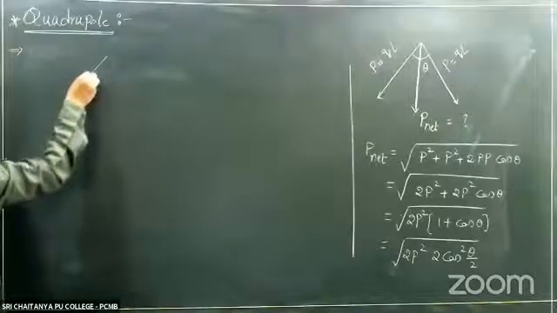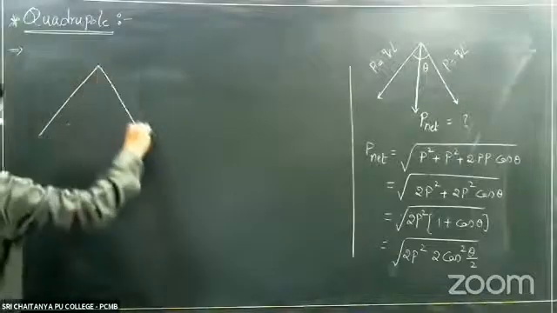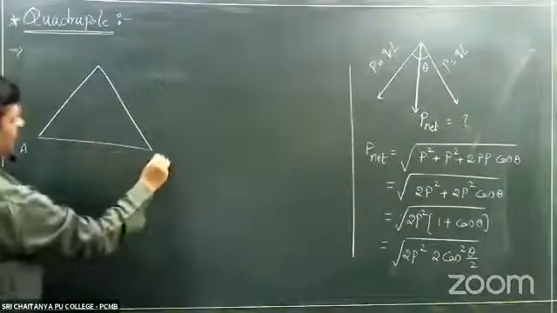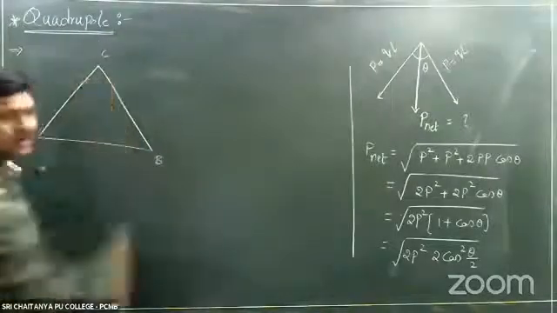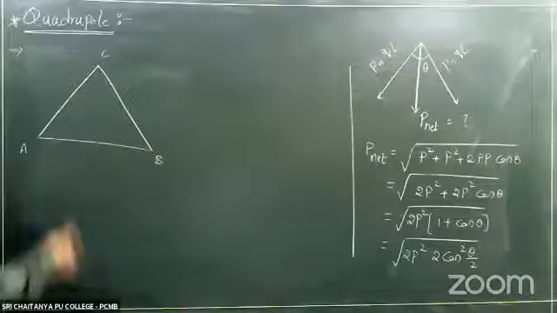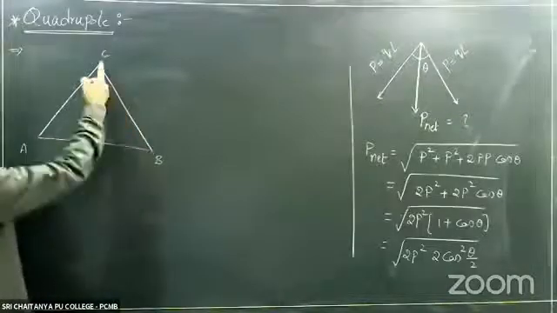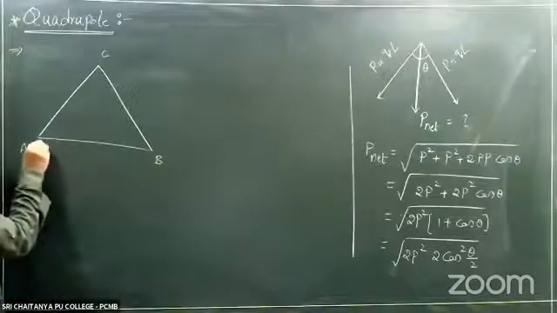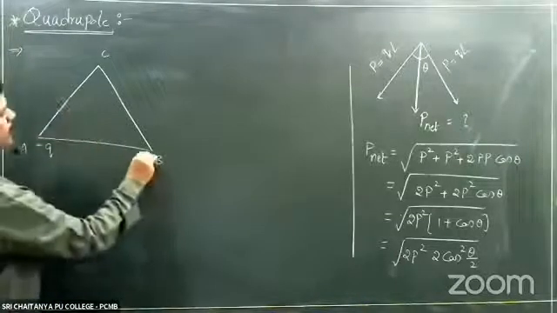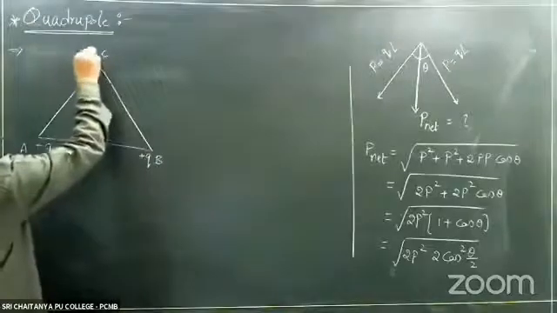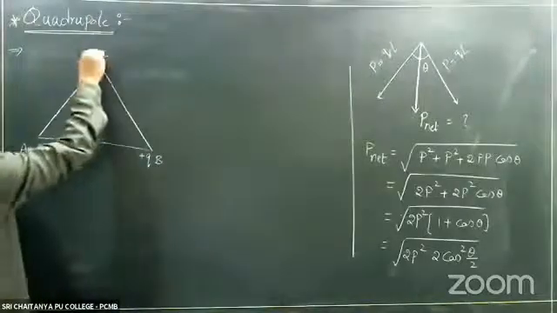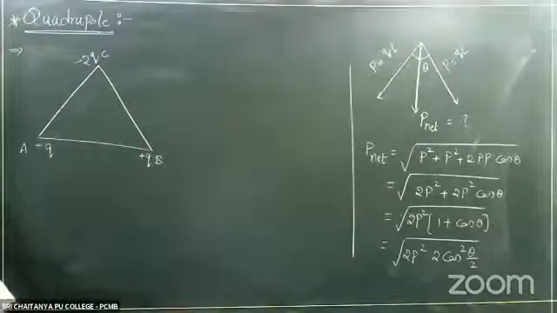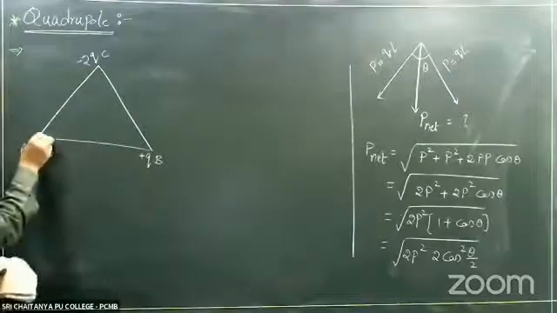Three charges arranged at the three corners of an equilateral triangle. Those charges are plus q, minus 2q, plus q are the three charges arranged at three corners.